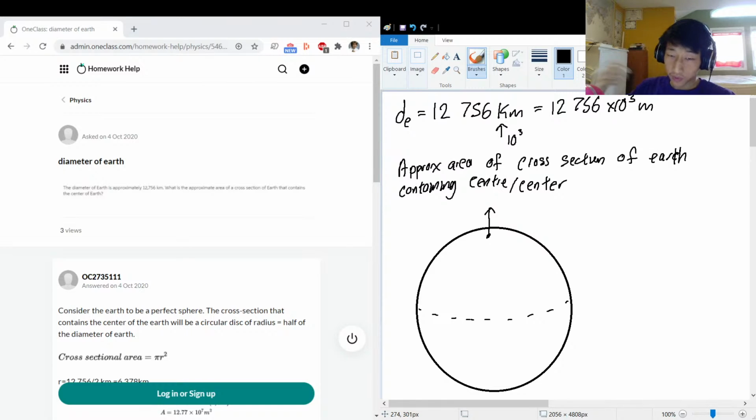Okay, so we know the Earth is a globe, and we can say that it's a perfect sphere. For this question, we have to approximate it as a perfect sphere, but in reality, it's a little bit thicker around the equator, more of an oblate or elliptical shape. But don't worry about all of that stuff.